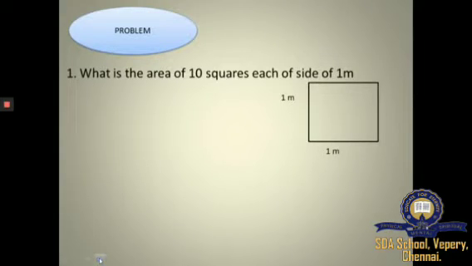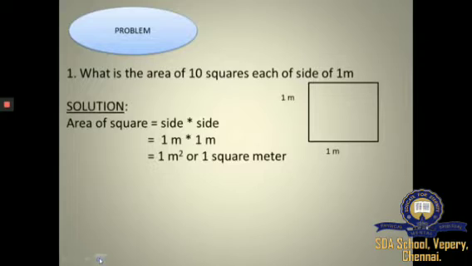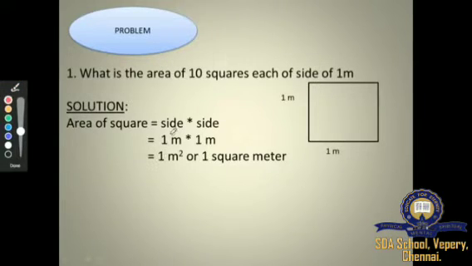We all know area of a square is equal to side into side. So the side is given to be 1 meter. So it is 1 meter into 1 meter, which is equal to 1 meter square or 1 square meter. So area of a square is equal to 1 meter square.